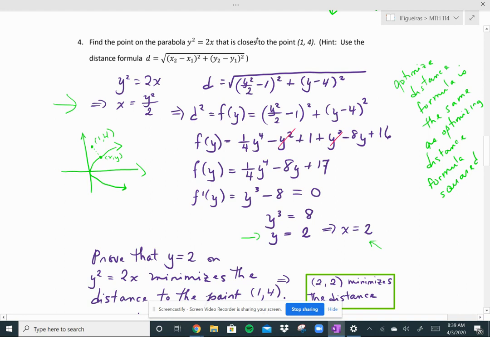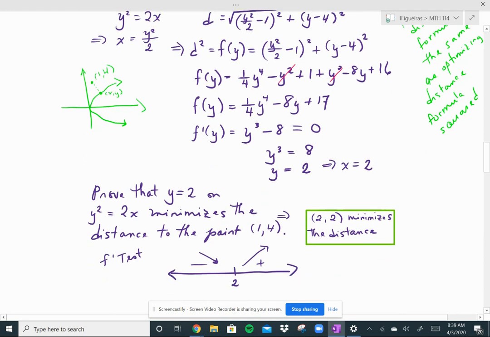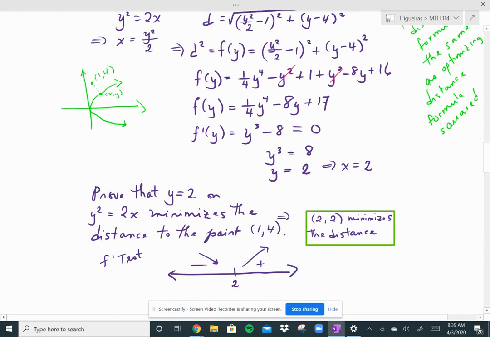So now that we found our point, we have to make sure that the point (2, 2) is the point in the graph that will minimize the distance to (1, 4). So remember, this is what f prime looks like. And just to give you a different perspective, instead of using the second derivative, I'm going to use the first derivative test.